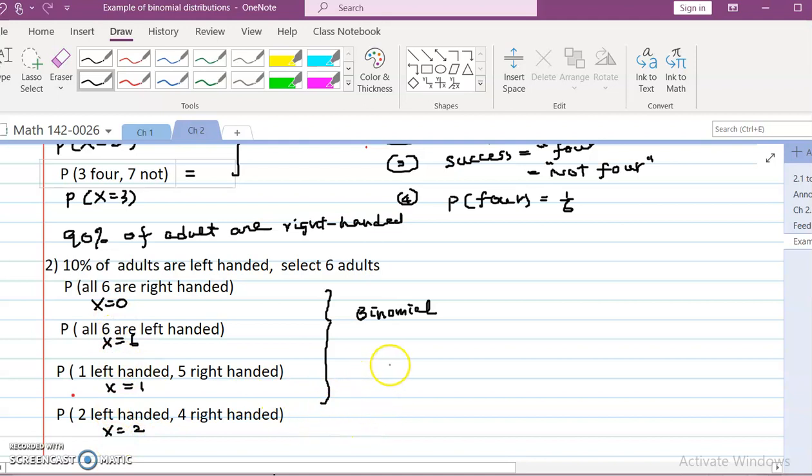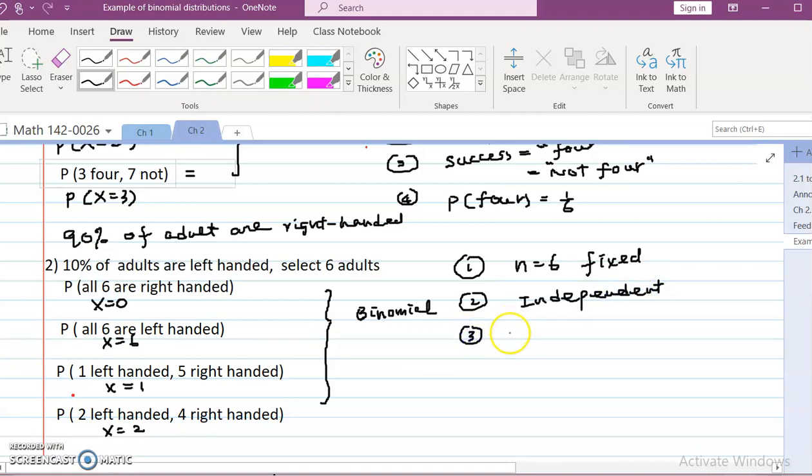It is binomial. Why? Number 1, what is the fixed number of trials? I have 6 adults, so n is equal to 6. N is fixed. Every time I do it, it is 6 adults that I am doing. Independent because it's less than 5%, even though I am doing sampling without replacement.